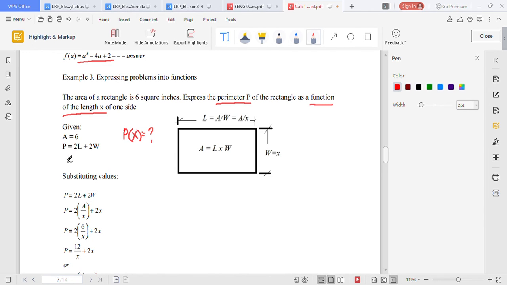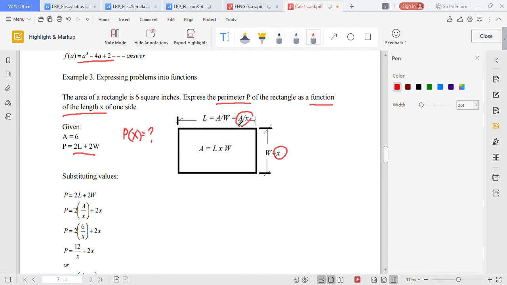What is the perimeter? The perimeter is the total of all the sides, and we have 2L plus 2W. Substituting the values into the formula of perimeter, we have P equals 2L plus 2W, and so P equals 2 times, what is L?